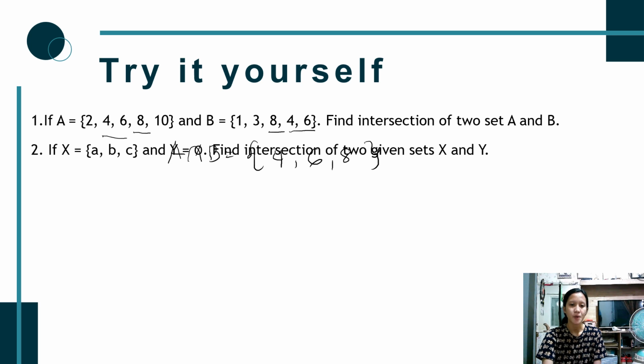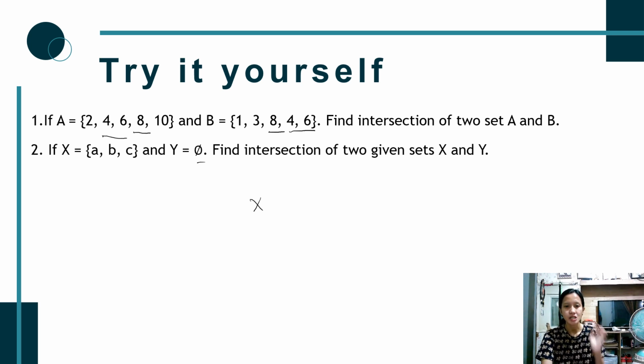Second example. If X is equal to A, B, C and Y is a null set, find the intersection of the two given sets X and Y. At this point, as you can see, one set is a null set. Therefore, if we have A, B, and C in the other set, since the other has no elements, there is no intersection of the two sets.